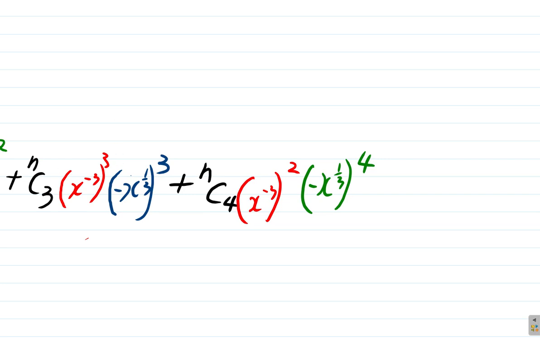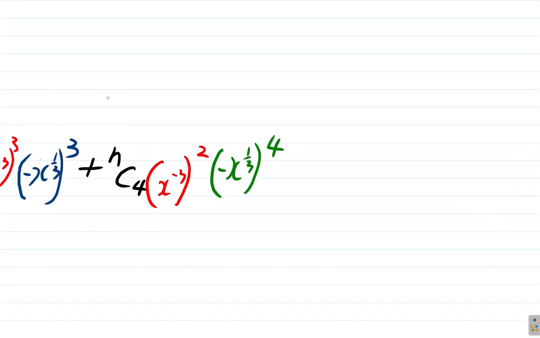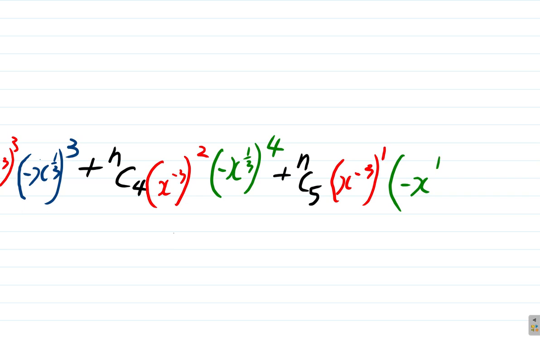After that, it goes to plus NC5. Then the x to the negative 3 goes down from 2 to 1. And then after that, negative x to the 1/3, the power goes up to 5.